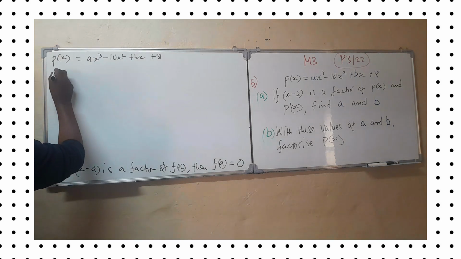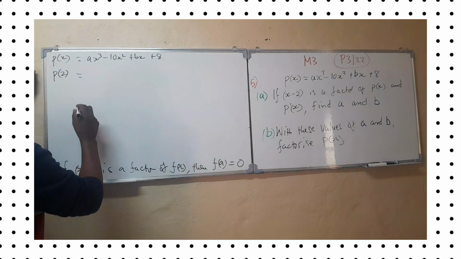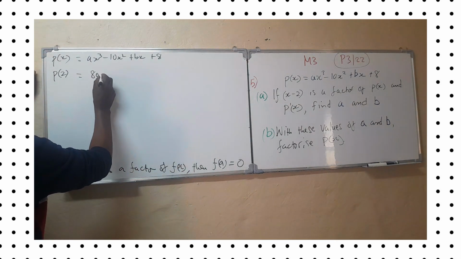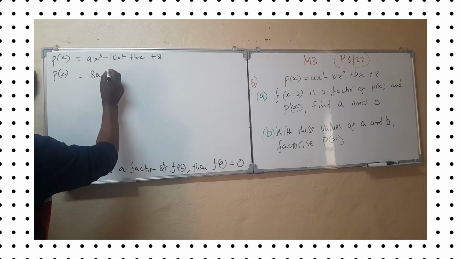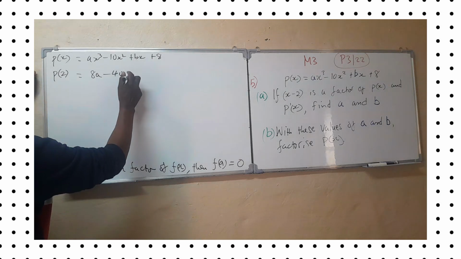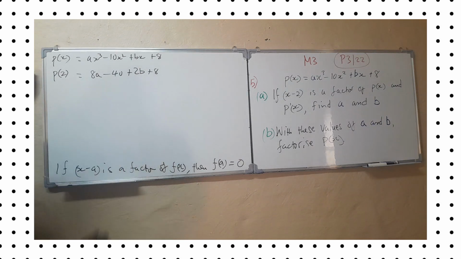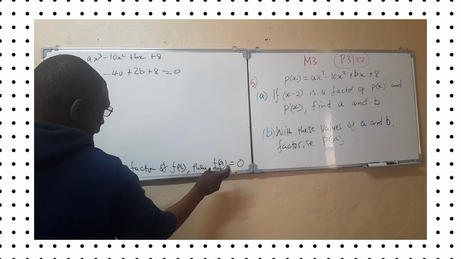So we can write p of 2 is equal to, let's put now 2 for x. So this is 2 cubed, which is 8a here. 2 squared will be 4 times 10, which is 40. Here, that gives us 2b plus 8. Okay, so this is equal to 0.